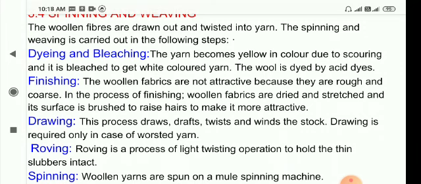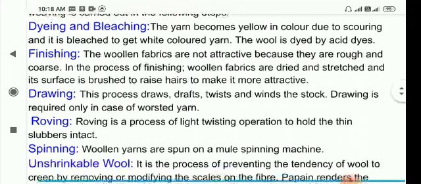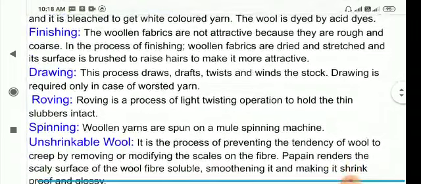And next is finishing. So students, the woolen fabrics are not attractive because they are rough and coarse, and in the process of finishing, woolen fabrics are dried and pressed, and the surface is brushed to raise hairs to make it more attractive. And after that, student, the next process is drawing.